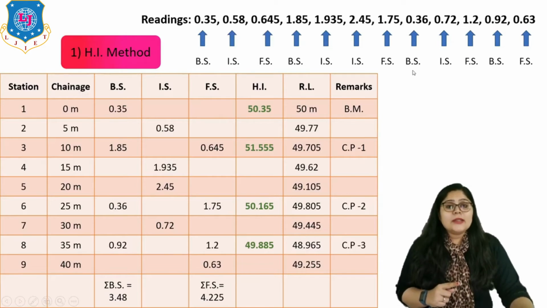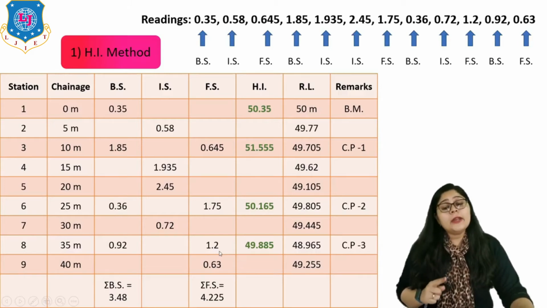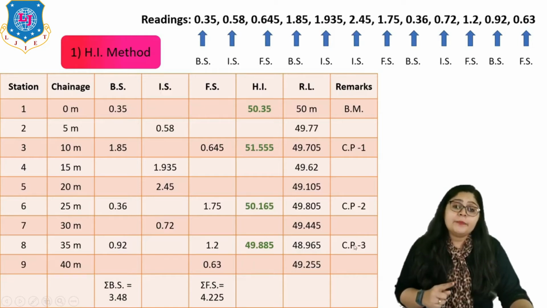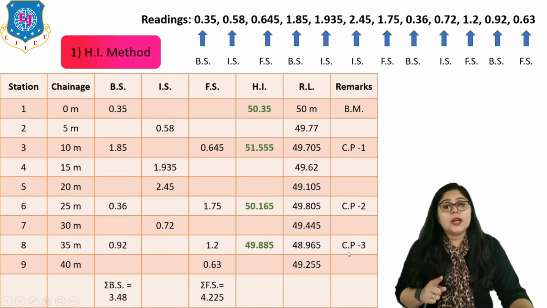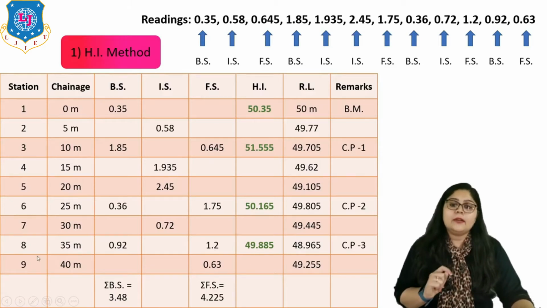Now here you can see after that there is one IS. It means 0.72, and then again it is an FS, which is 1.2. Whenever the FS comes, the change point comes. Here it is our change point 3. Now whenever the change point comes, we have to put the value of BS on the same station over here. So I have put the value 0.92 on the same station, station number 8, right?